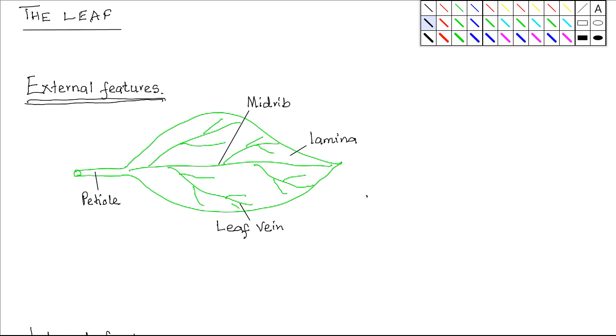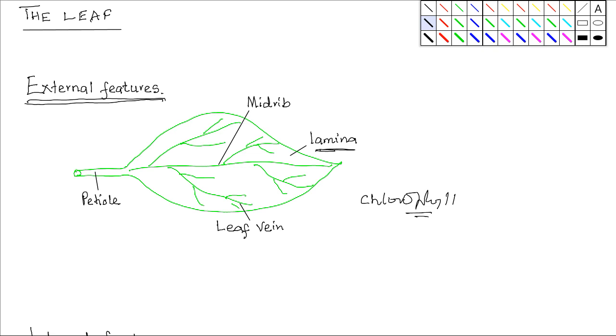There is the petiole, which provides support by attaching the leaf to the stem, and the attachment of the petiole to the stem is such that it is at an angle. It supports the leaf at an angle for maximum light absorption.